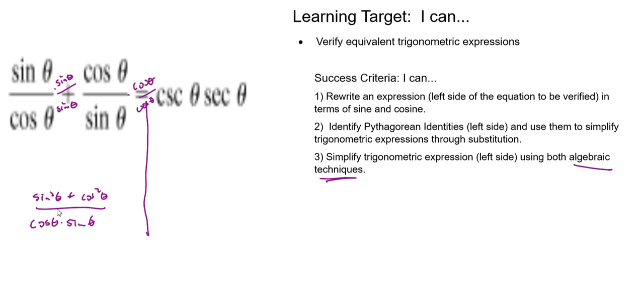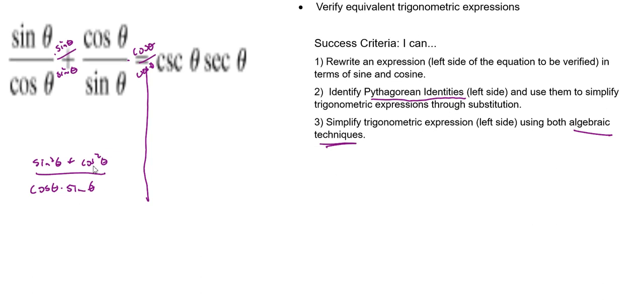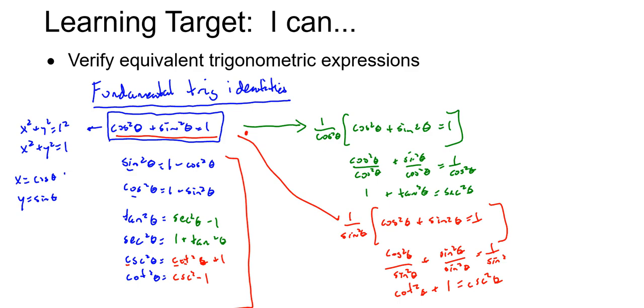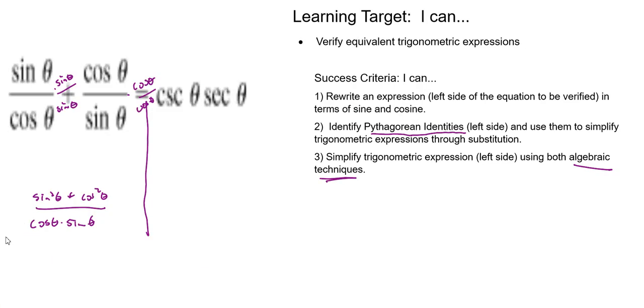Now, let's look to see if we have any Pythagorean identities we could use to simplify this. Sine squared plus cosine squared, if you recall, is the mother of all fundamental trig identities, and that equals 1. So what we know is that it equals 1 over cosine theta sine of theta.